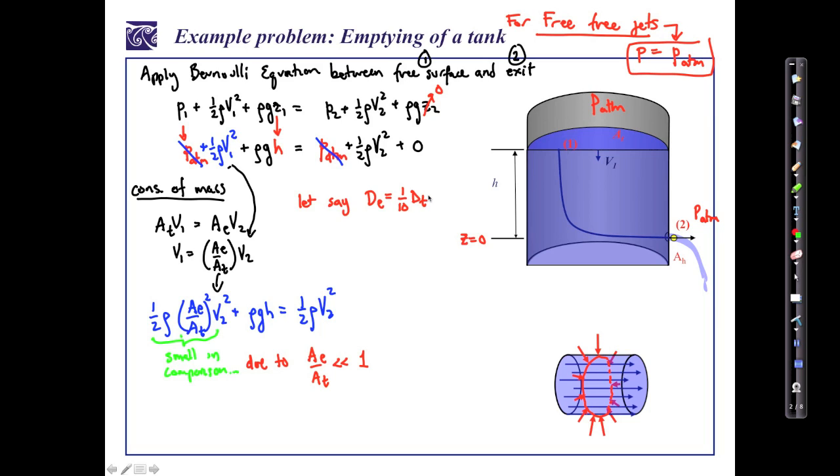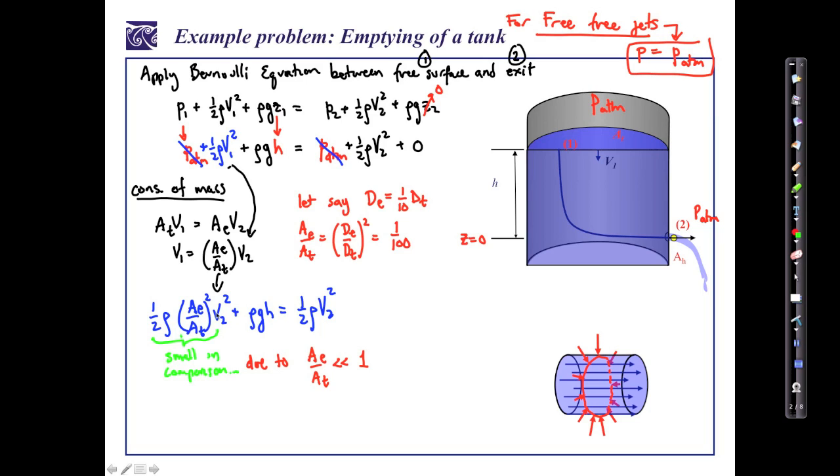Well, if I take AE over AT then, that's going to be equal to DE over DT squared. And if I say that's 1/10, that's going to be equal to 1 over 100 when I square it.